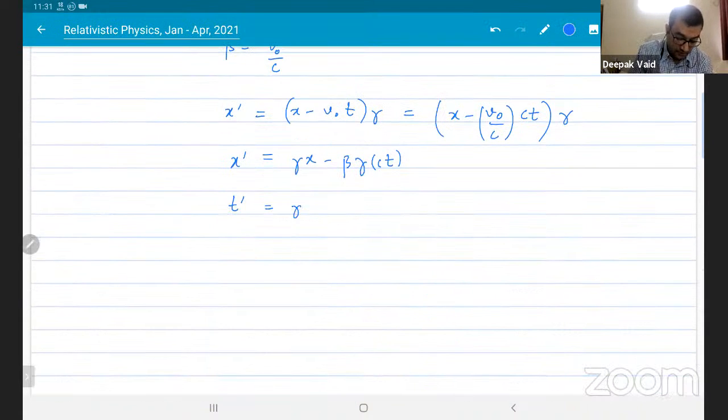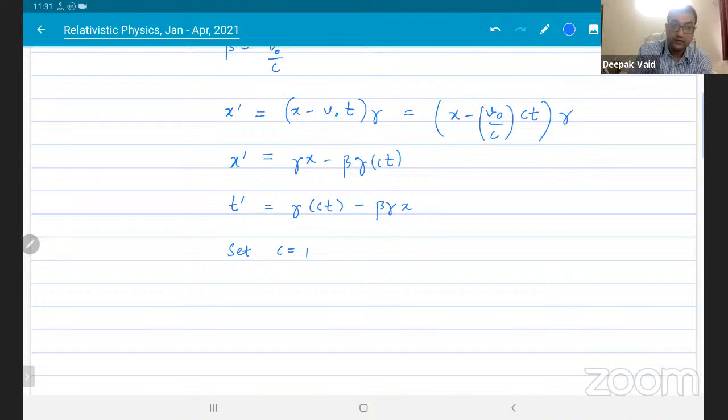So this becomes gamma times ct minus beta gamma x. Now conventionally, what is done in most textbooks is that you set c is equal to 1.